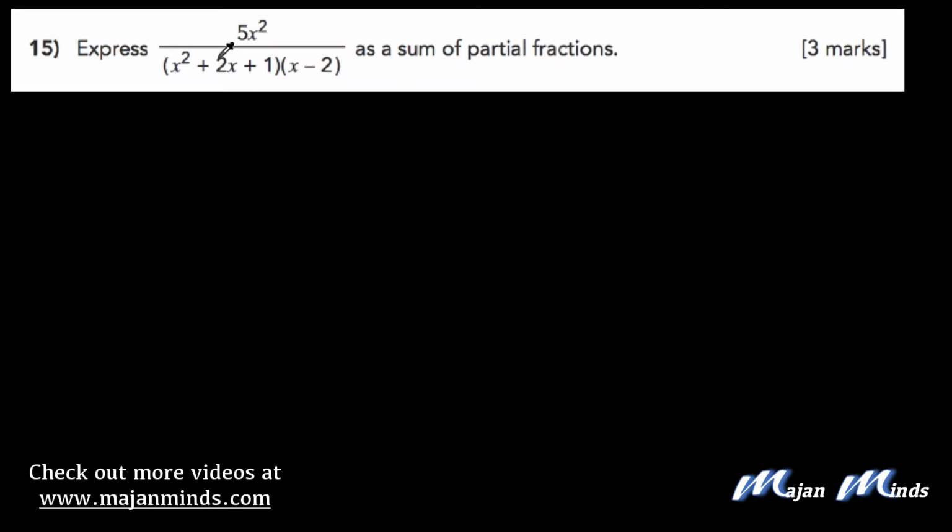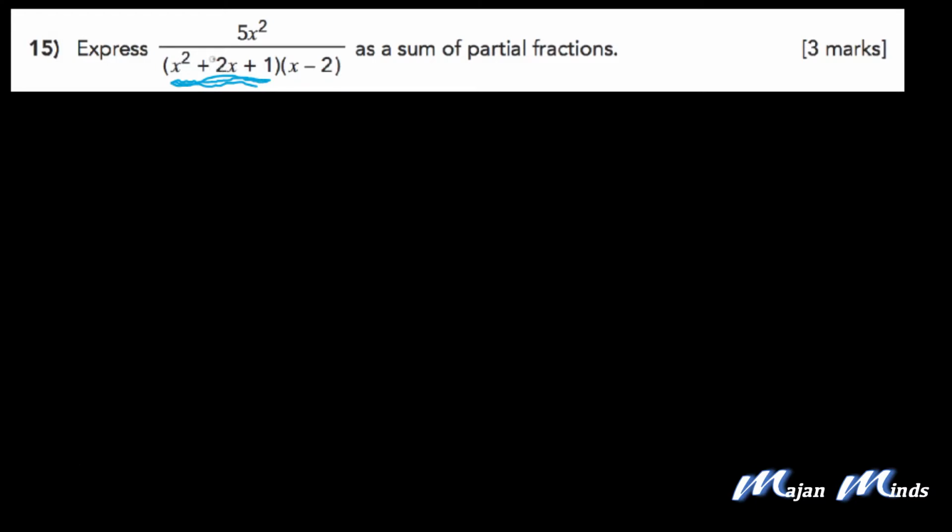At the outset, I really need to know what's going on with this piece right here. It's possible that this piece is a quadratic, but it could be an irreducible quadratic. If it's not irreducible, then I should be able to factorize it. So let's see if we can.